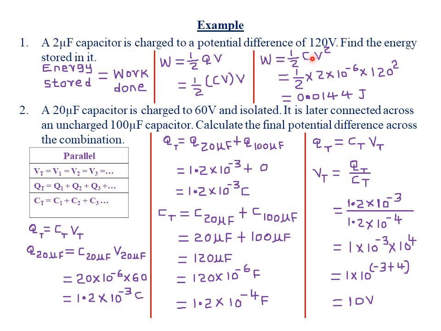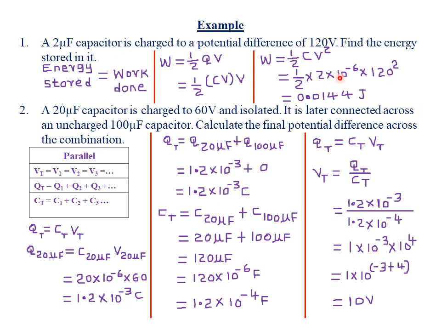So this will be equal to a half of C. The capacitance I'm given as 2 microfarad, but we know that the SI unit for capacitance is actually the farad. Then we know that 10 power 6 microfarad is equal to 1 farad. So what about 2 microfarad? To convert the 2 microfarad into farad, we'll just multiply by 10 power negative 6.